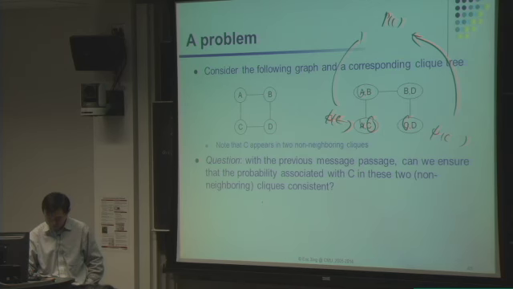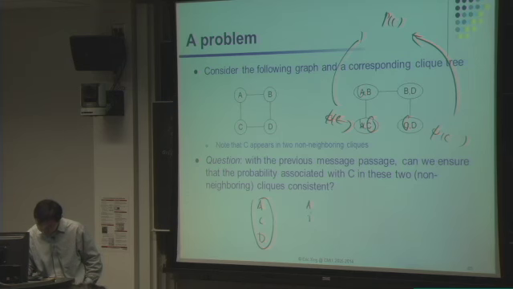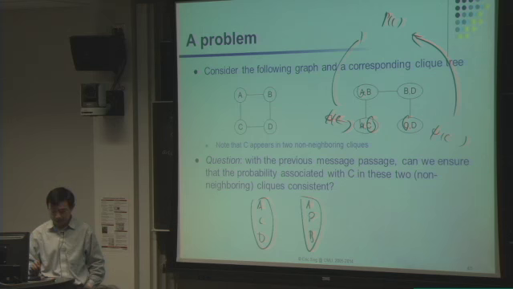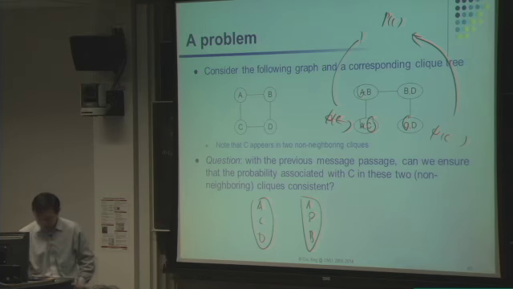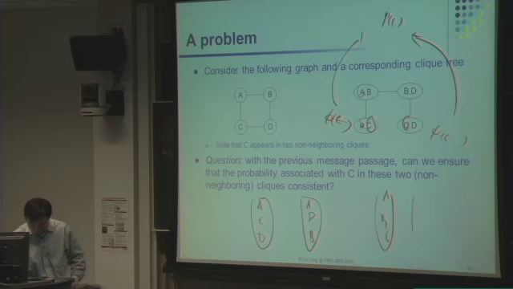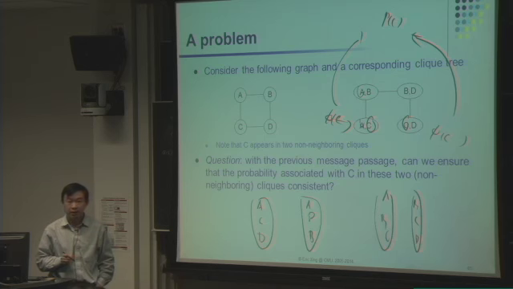We basically define A, D, B, something like that. Or maybe I should make it more explicit. Maybe I should say A, B, C, and B, C, D. Okay, and I put a clique here.